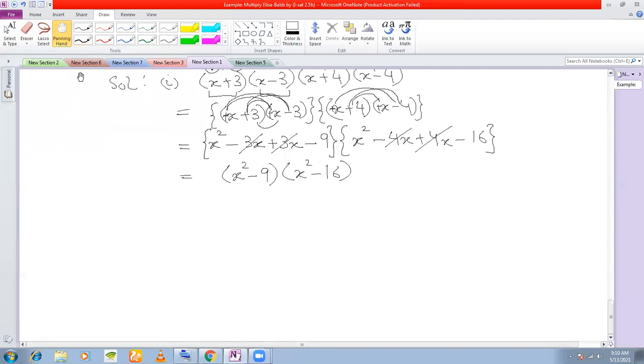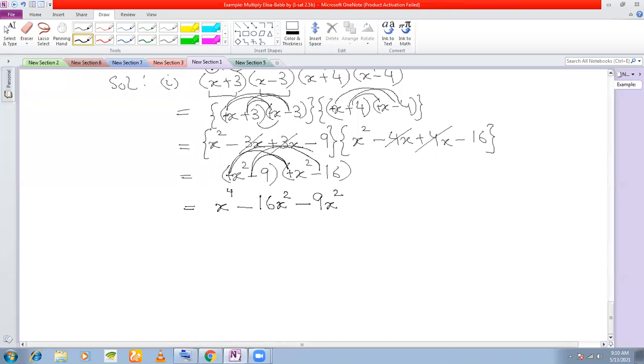Now we'll multiply these two together. How do we multiply? In the usual manner. Plus and plus combine. X square into x square gives x to the power of 4. Then plus with minus gives a minus sign: x square into 16 gives 16x square. Minus and plus give a minus sign: 9 into x square gives 9x square.